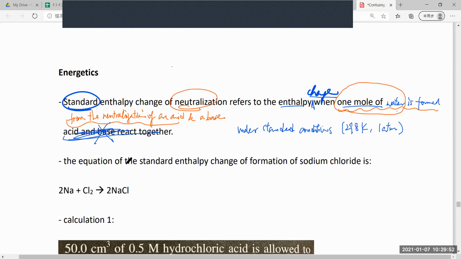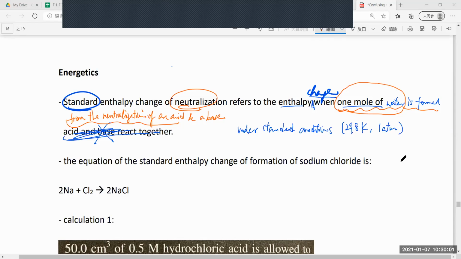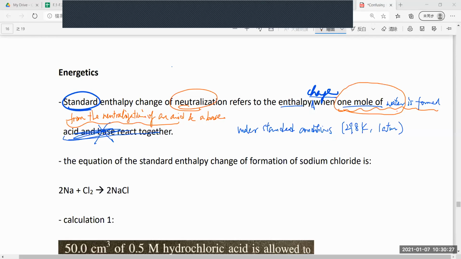Form 1 mole of NaCl. Now, if I use this, which means you're going to put it as 1, and this one's half, and this one's 1, right?